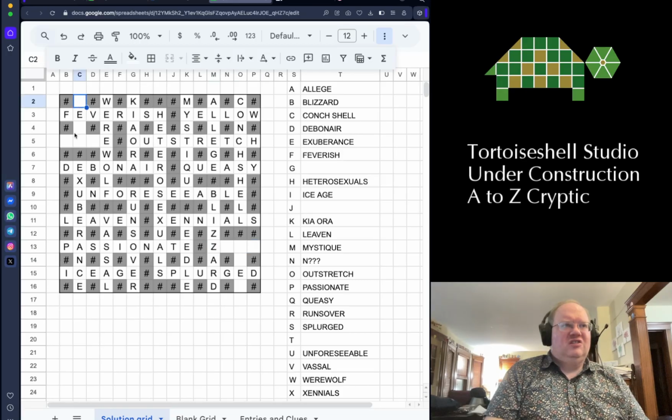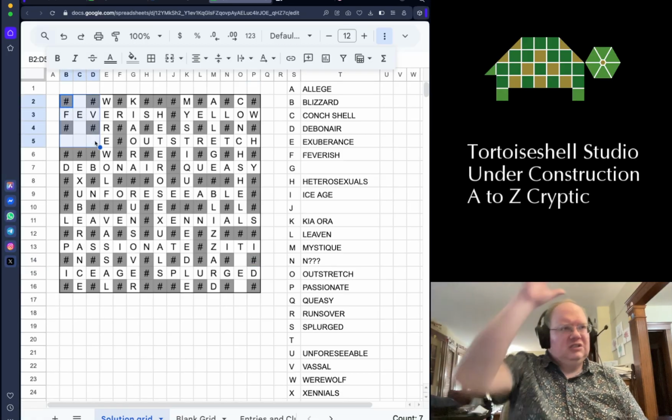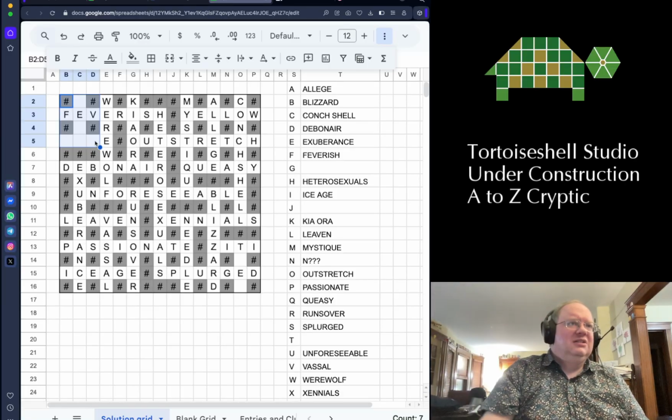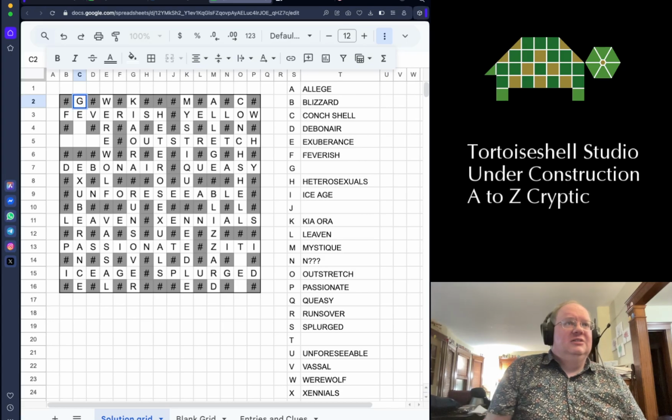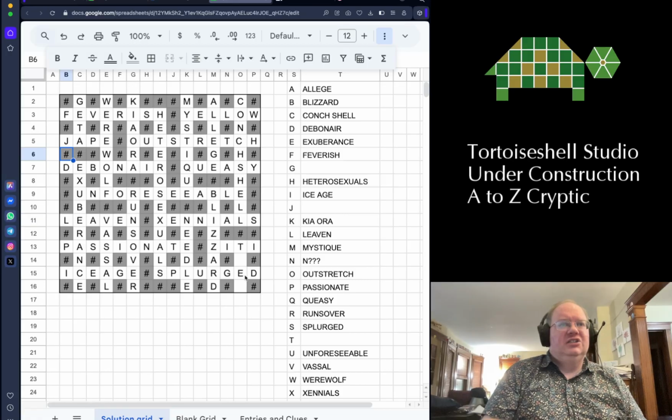So we're not going to put a J there. I guess we're going to have Z here, and so we have G and J over here. I mean, Geta is a very easy Jape and whatever.